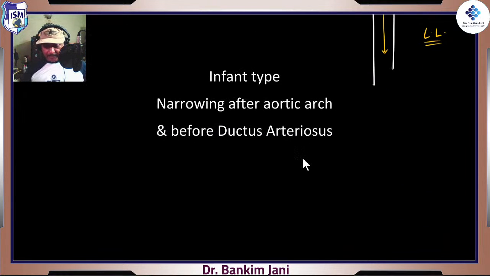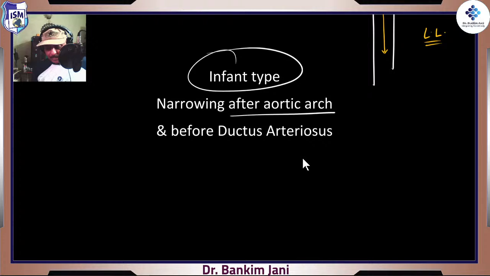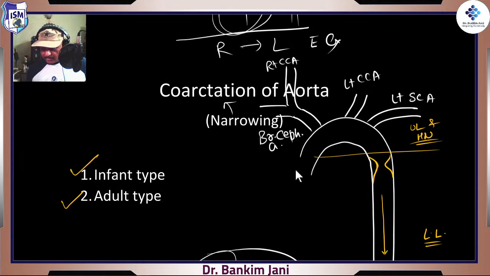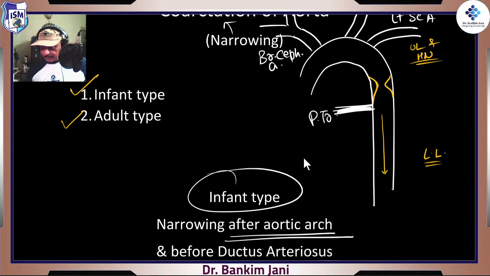In infant type, this is the narrowing. Say it is infant, right? Infant. So the narrowing is after the aortic arch and before the ductus arteriosus. After the aortic arch, so this aortic arch is complete, right? And before the ductus arteriosus. So let's say here is the pulmonary trunk and let's make it over here. Sorry, we have to change this.